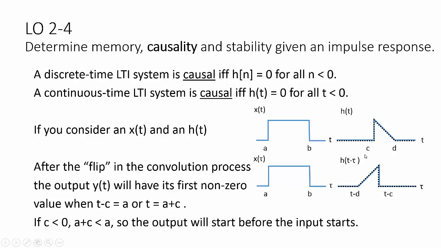If our c, which is our starting point for our impulse response, has a negative value, then the starting time for our output, which is at time a plus c, will have a value smaller than a, which is our starting time for our input x. That means that the output of this convolution will start before the input starts. That defies the rules of causality. Therefore, if c is less than 0, our system cannot be causal.